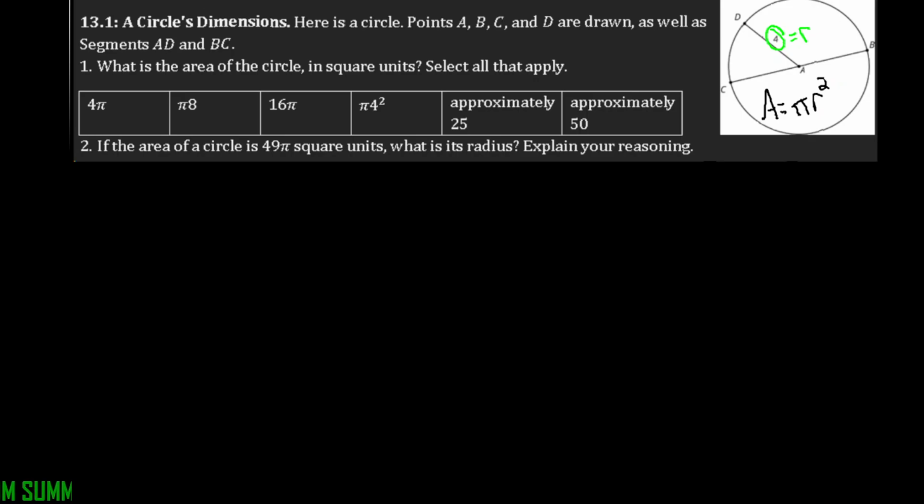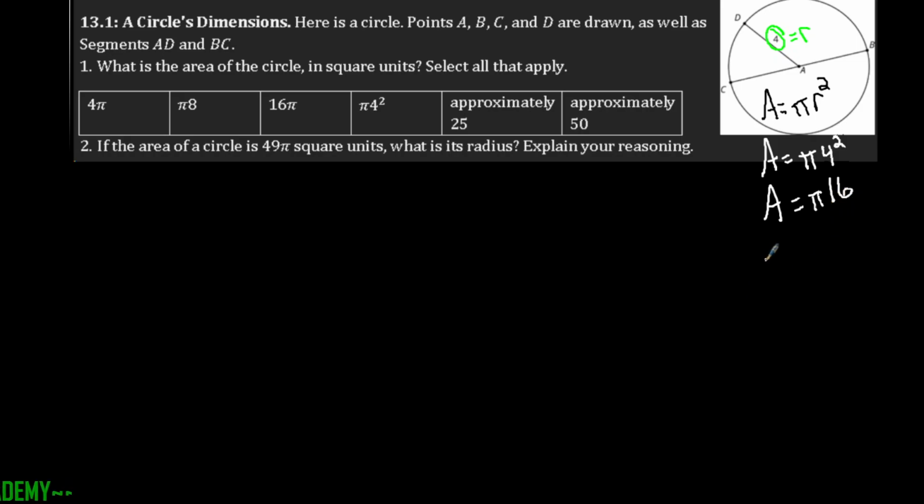And so if we substitute in what our values are, we have area equals pi times 4 squared, which is the same as writing area equals pi times 16, because 4 to the second power is not 4 times 2, it's 4 times 4, which is 16.